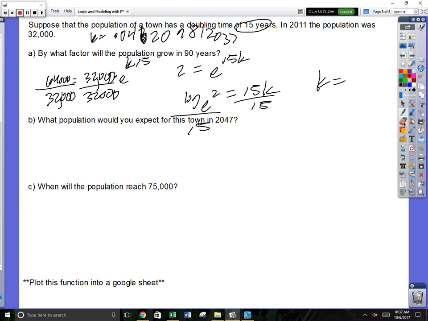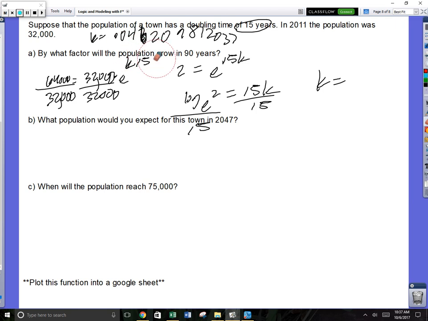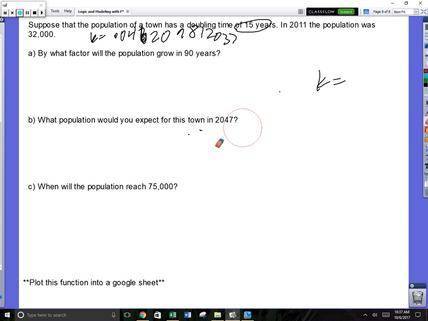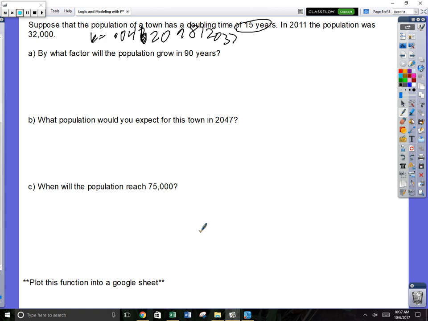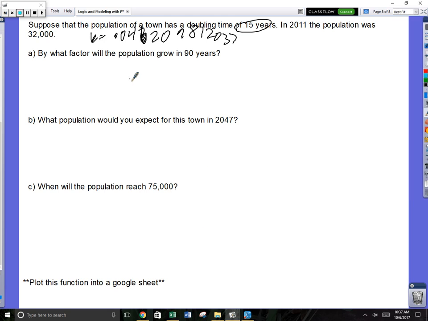Now that you know what k is, if I move the decimal over, that's like 4.6% a year. So if it doubles in 15 years, it's going to grow 4.620981% each year.